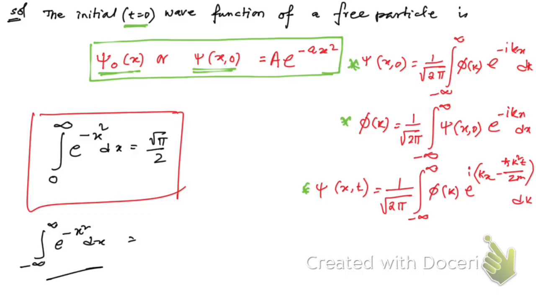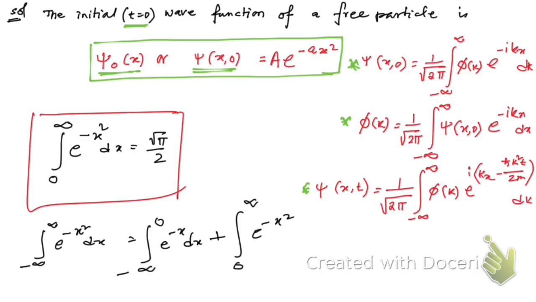It can be split into two terms: from minus infinity to 0 of e to the power minus x square dx, then 0 to infinity, we can split like that. Then again 0 to plus infinity e to the power minus x square dx, we can write this way.